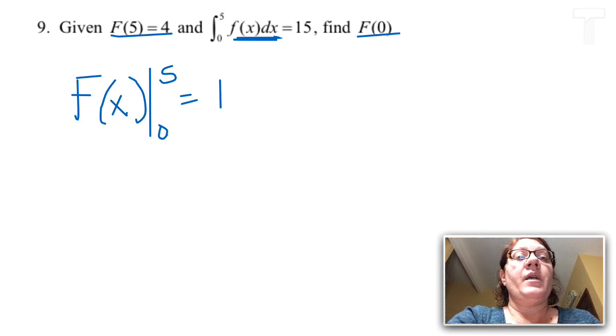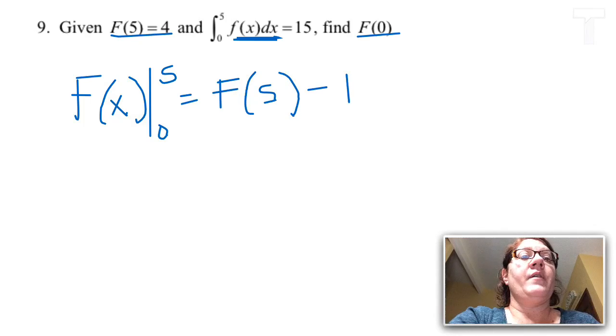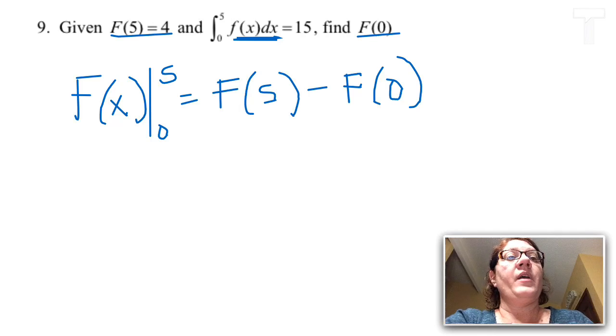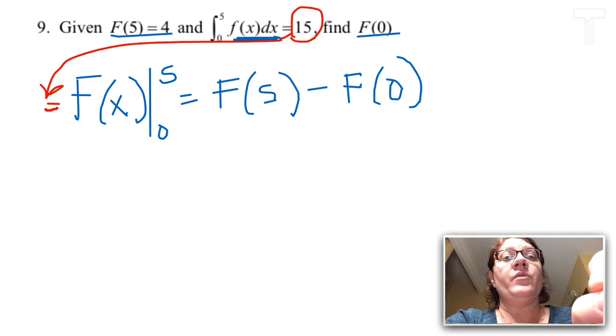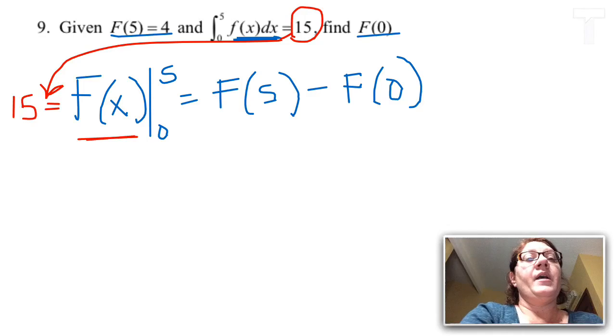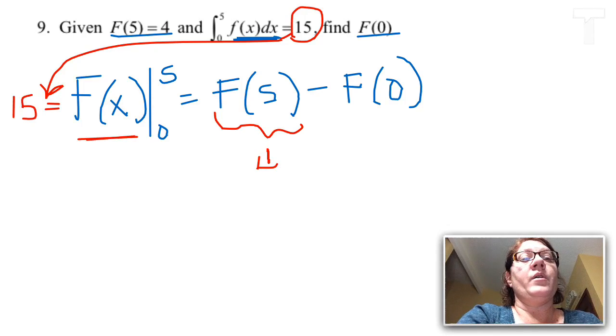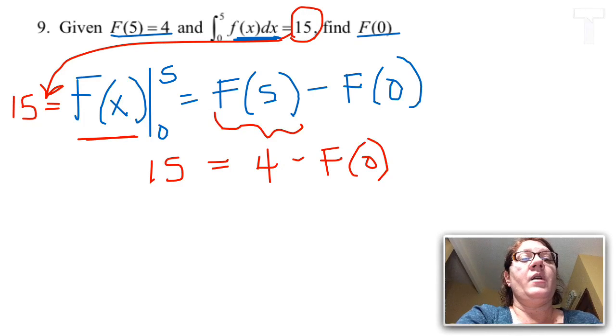And so this is going to give me f of 5 minus f of 0. And so, of course, I know that the antiderivative is supposed to equal 15. And I know that f of 5 is 4. So what I have now is 15 equals 4 minus f of 0. And when I solve for f of 0, I get -11.